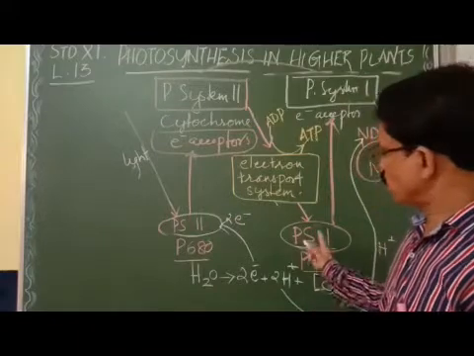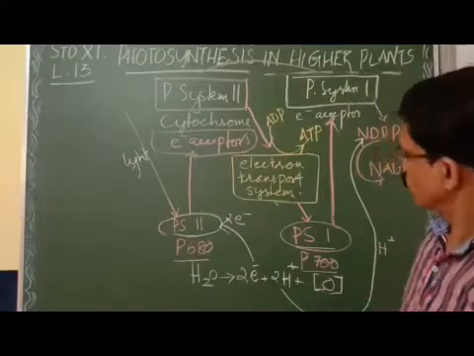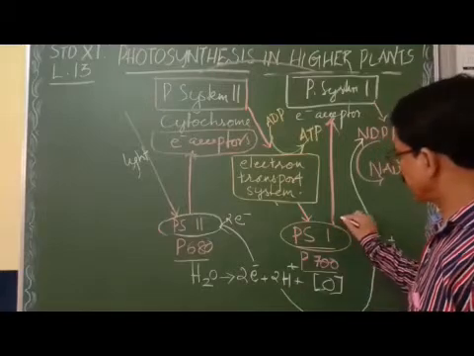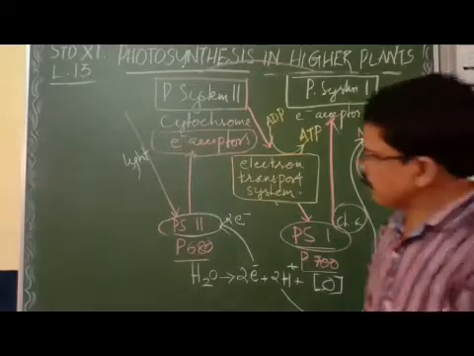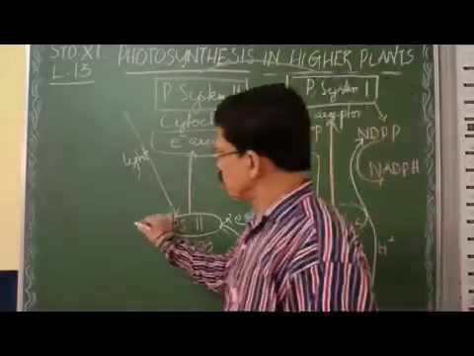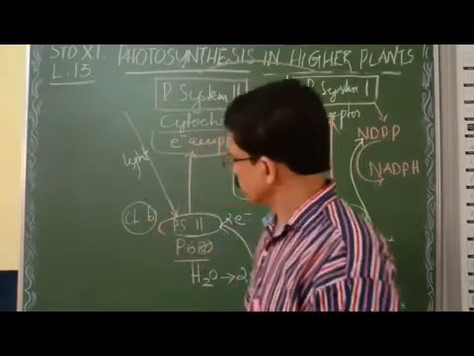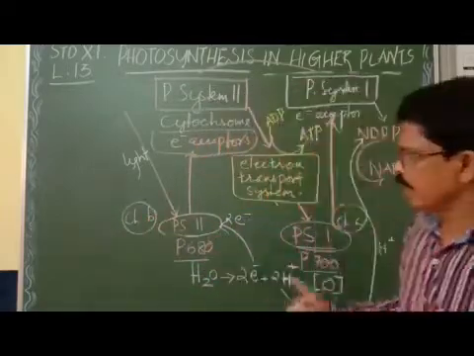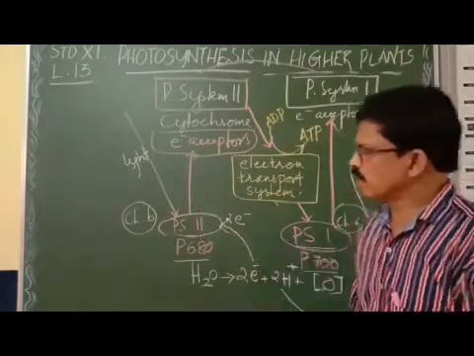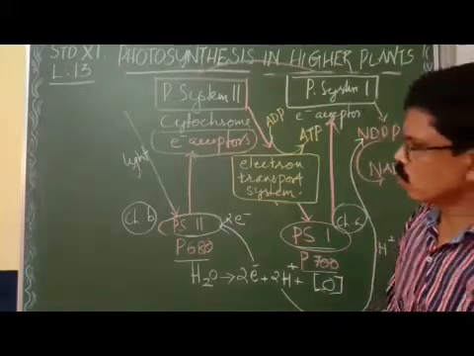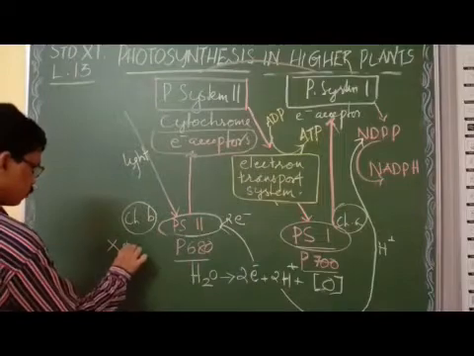Pigment system or photosystem 1 includes chlorophyll A molecules, whereas pigment system 2 consists of chlorophyll B. So pigment system 1 includes chlorophyll A, the chief photosynthetic pigment, and pigment system 2 includes chlorophyll B plus xanthophyll and carotenoids.